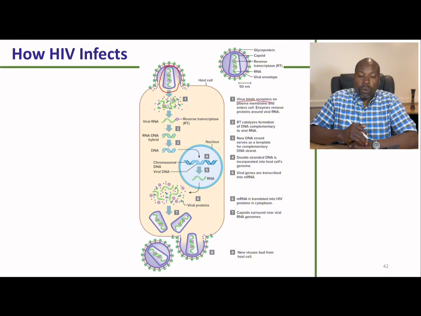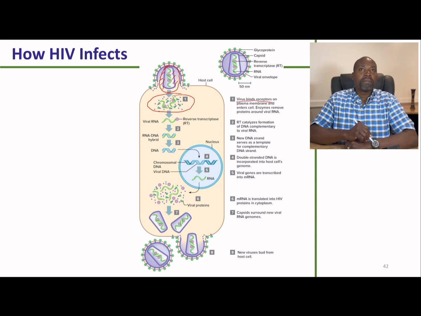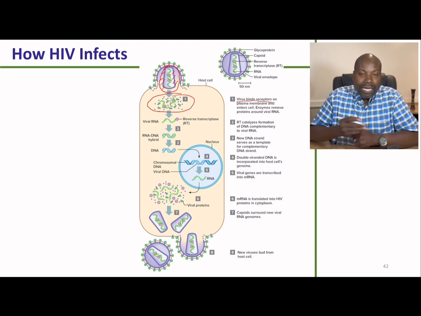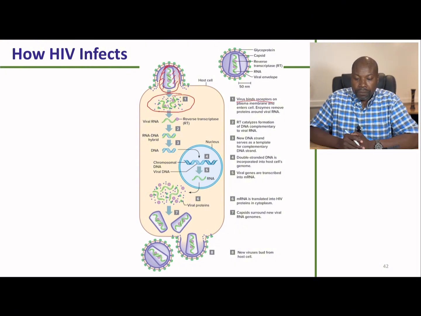After that, we are going to have a disorganization of the protein coat, the capsid, so that the genetic information, the viral RNA, can be laid in our cytoplasm.